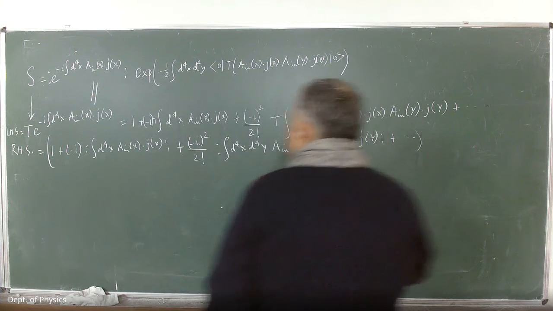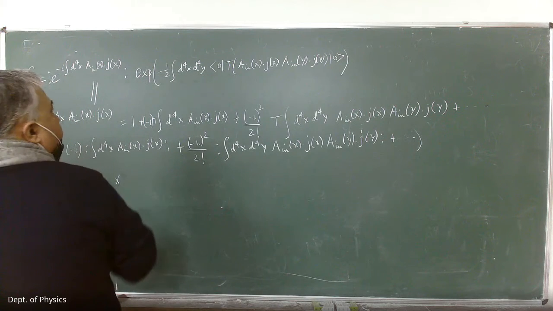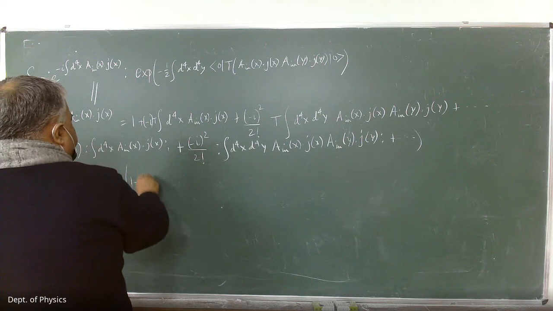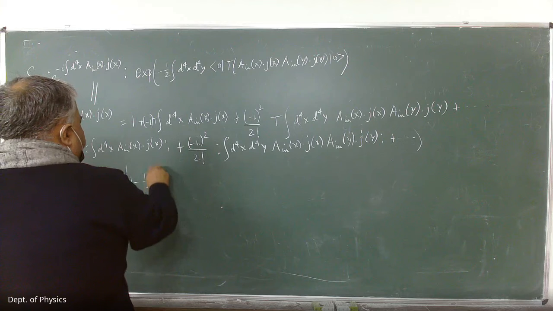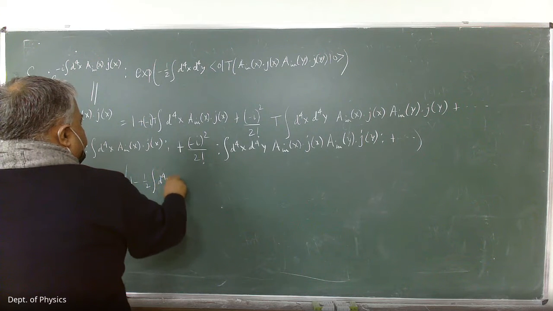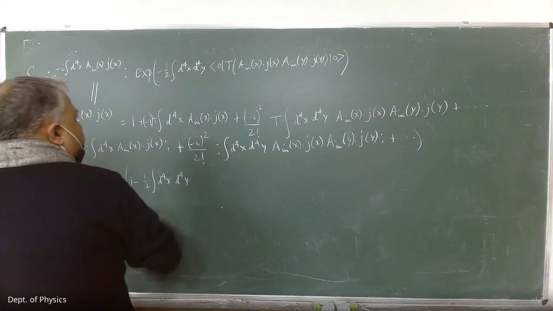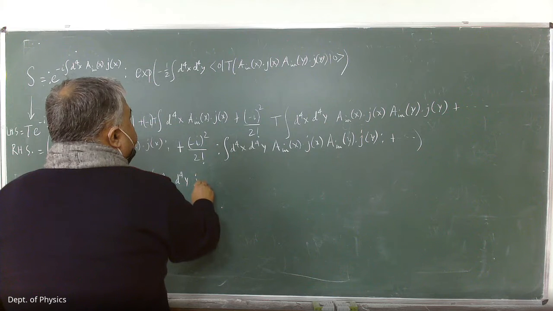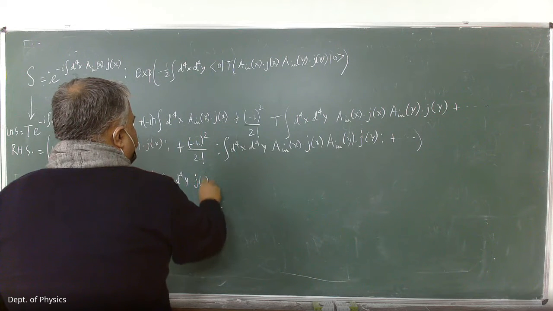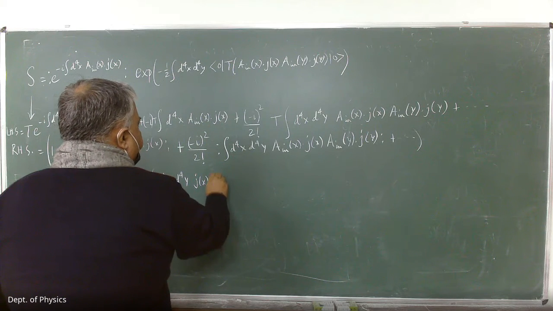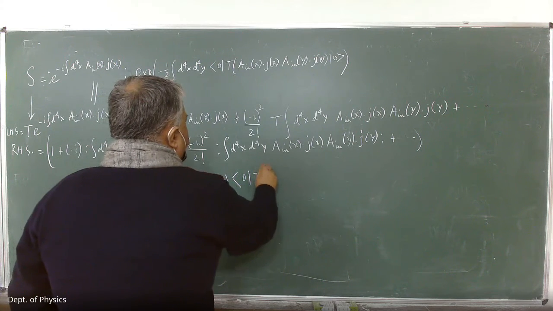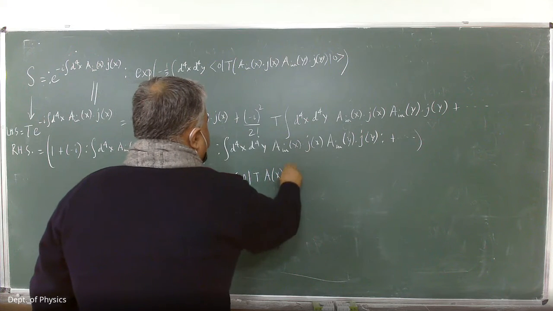Multiplied by the other factor. Let me write it as 1 minus half d4x d4y J x J y and the representation of A x A y.